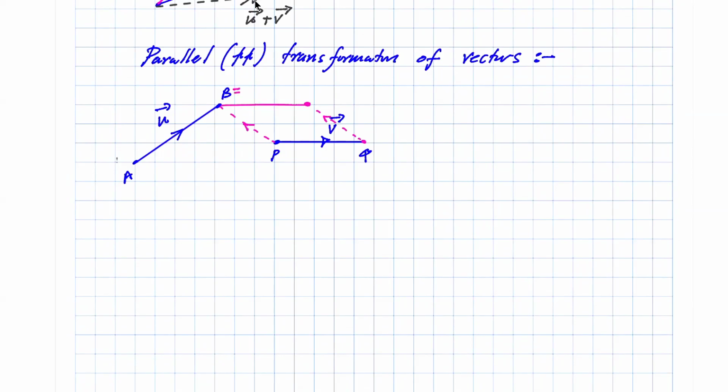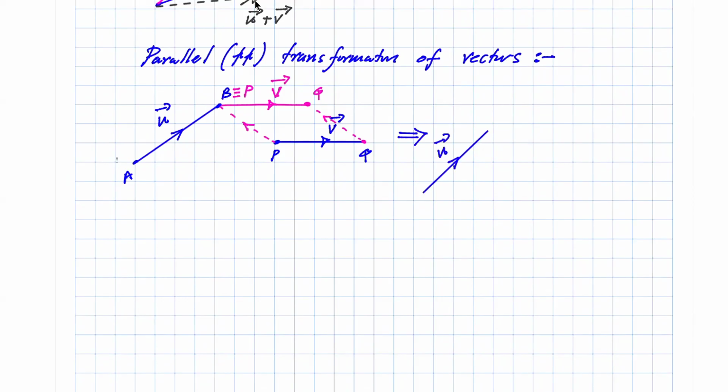So that means B is going to coincide with P, and then Q comes over here, and V vector stays as V. So this parallel transformation is valid, right? If you extend this idea, you will get something like this.